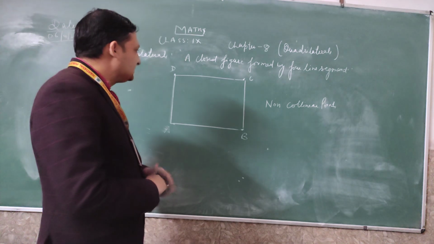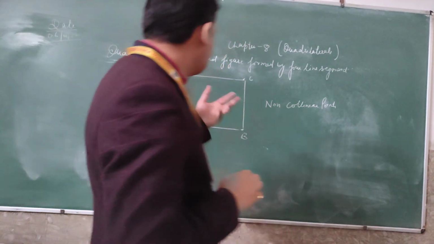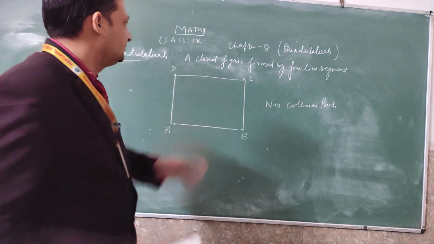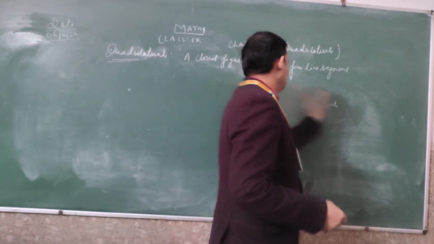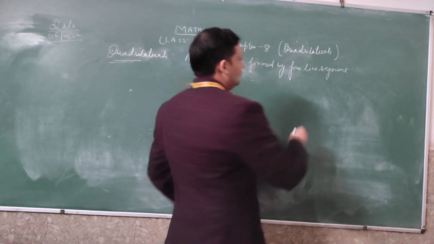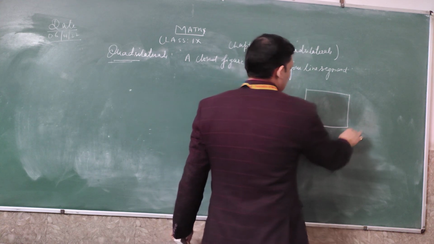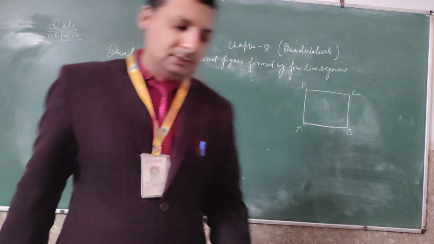Now we will discuss what a quadrilateral has. First I will draw this figure on one side. I will draw a quadrilateral here. Suppose ABCD is a quadrilateral.